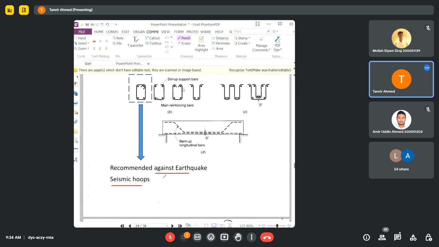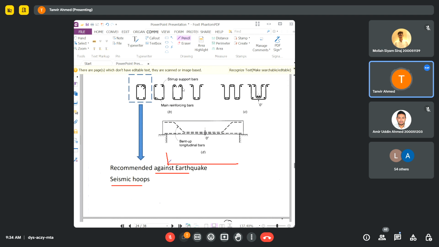Okay, another thing is when you want to bend the horizontal bars, the longitudinal bars. Here, if I think about this particular beam, the bending moment will be simply like this.